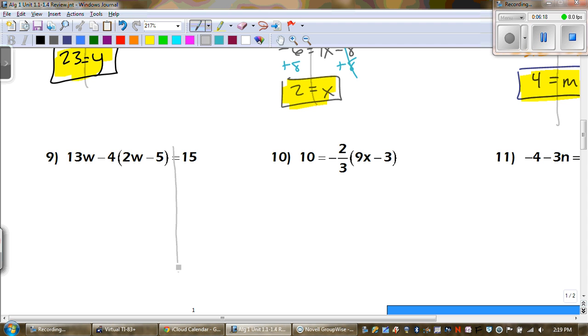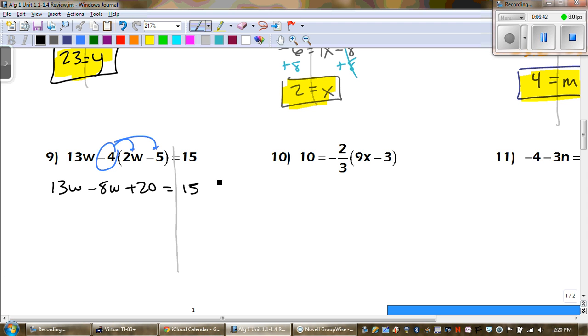Okay, for 13, we have to distribute. What do we need to distribute? Well, we've got that negative 4. So we get 13w, and now distributing, we get negative 8w plus 20 equals 15. Now, let's see if you guys can do the rest of this by yourself.